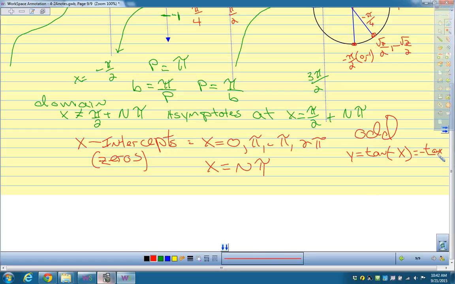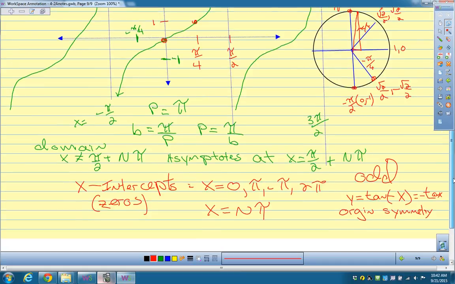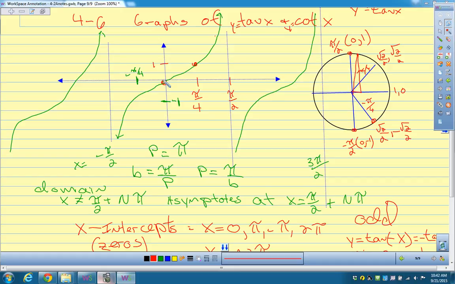And it has origin symmetry, which means that if I were to take that function and rotate it around the origin 180 degrees, it would look exactly the same, right? Like a propeller. If I took this and spun it, do you see that it would look exactly the same? Okay? That's origin symmetry. Good enough with tangent?